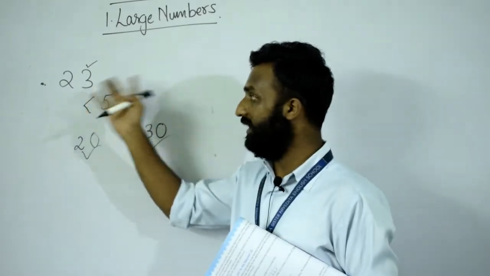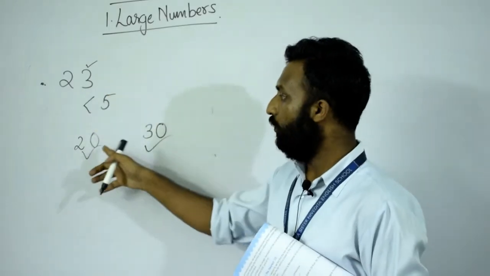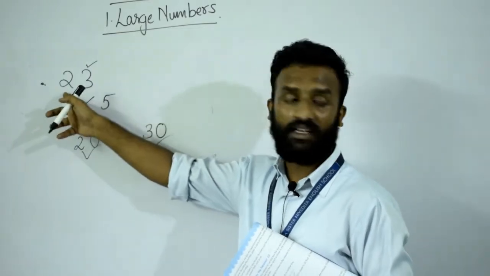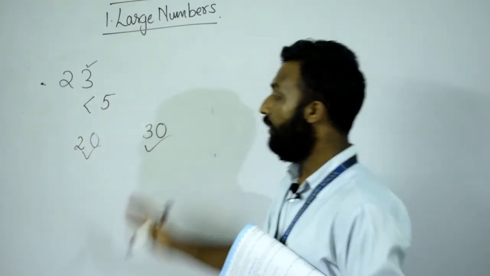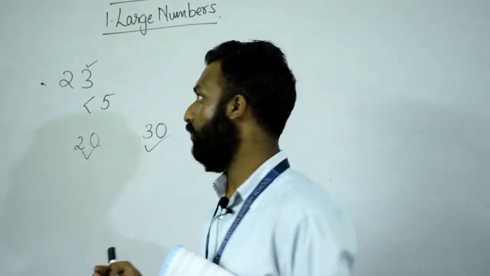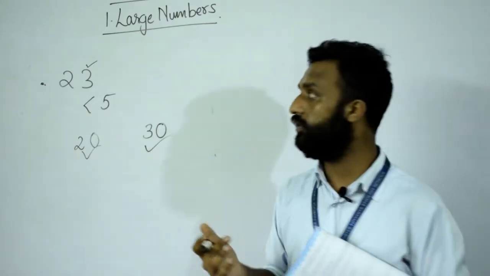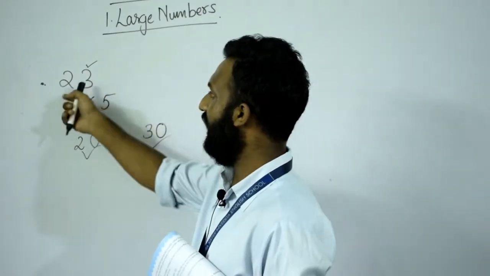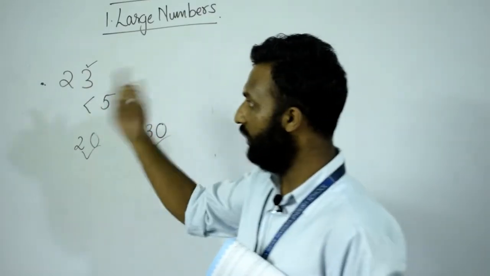If it is less than 5, we change the ones place digit to 0 and keep the tens place digit the same. If it is more than 5 or equal to 5, we change that number to 0 and add 1 to the next number.